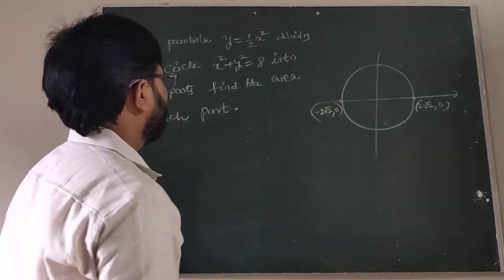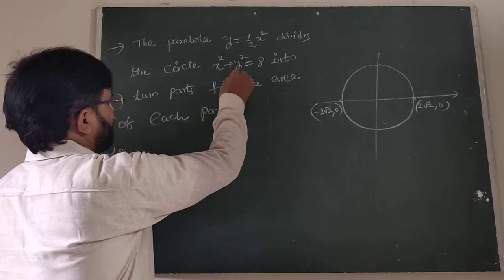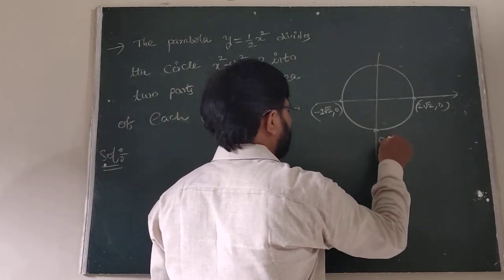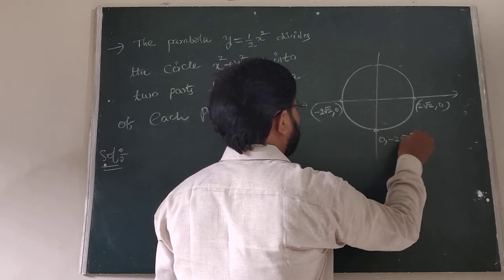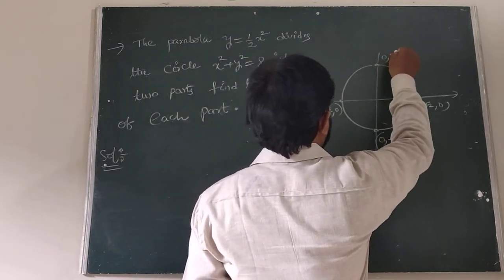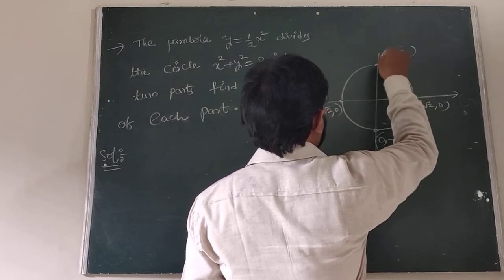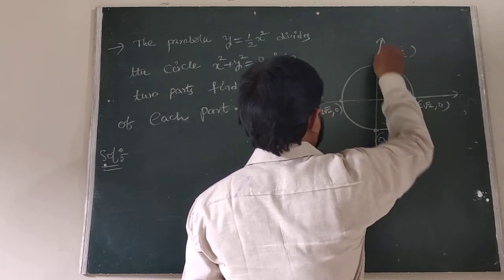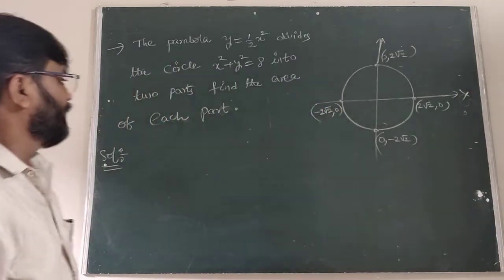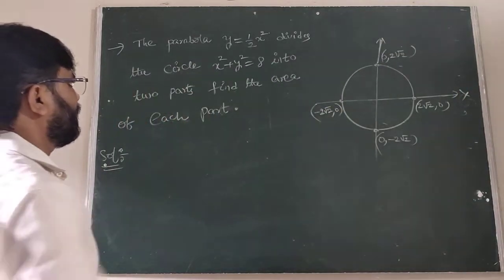Similarly, when we take x equal to 0, this is (0, minus 2 root 2). This is also (0, 2 root 2). This is the y-axis. Now we can draw the diagram here.